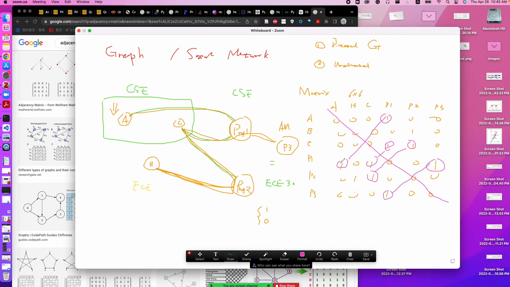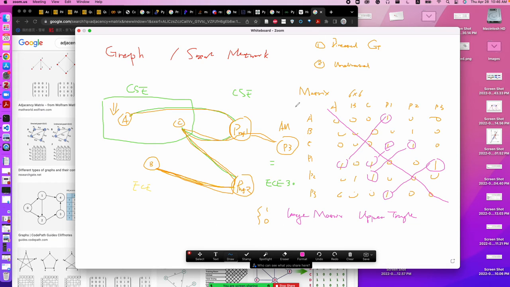Why do we call it adjacency matrix? Because in a large matrix calculation, if it's a large matrix, we can only consider the upper triangle, right? And then we can eliminate some calculation of the lower triangle.